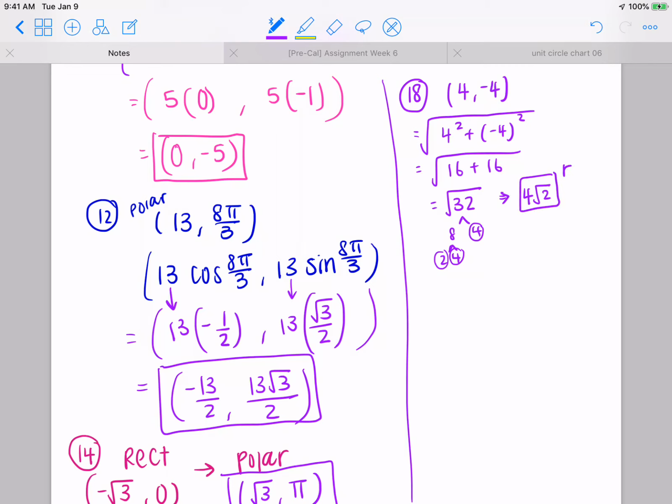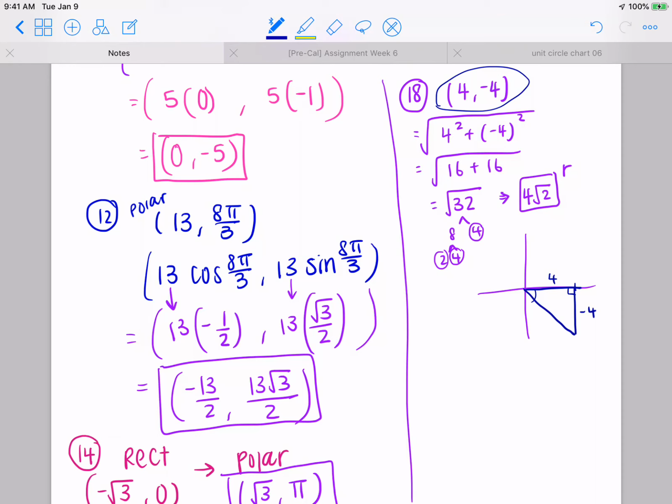And now for our other part, let's look at our picture. Plot this point. Plot 4 comma negative 4. 4 is here. Negative 4, it's down here. So there goes our picture. Okay, if your left and right are the same number, even though their signs are different, then what would this angle be?